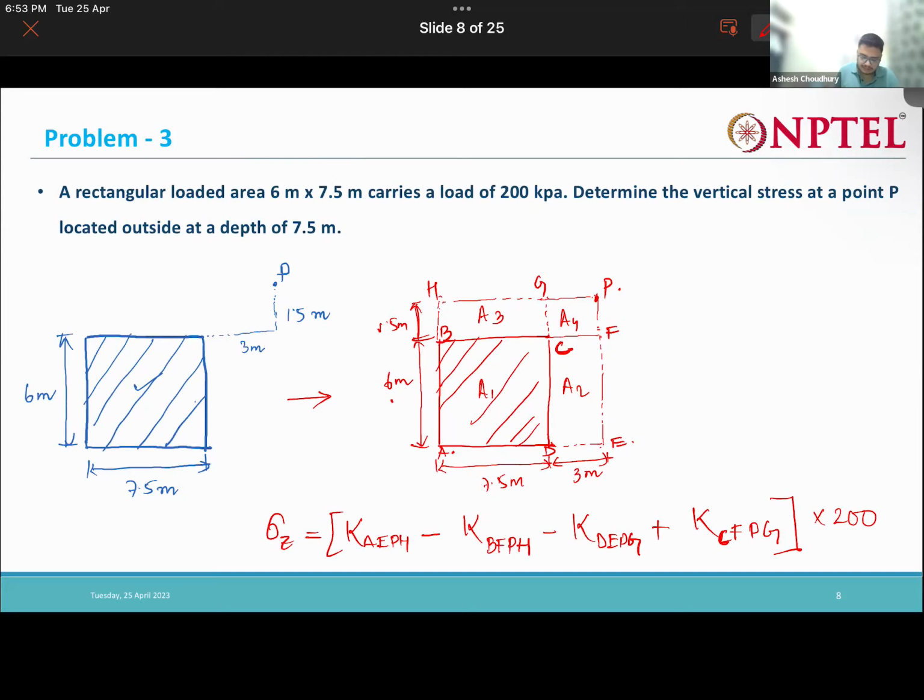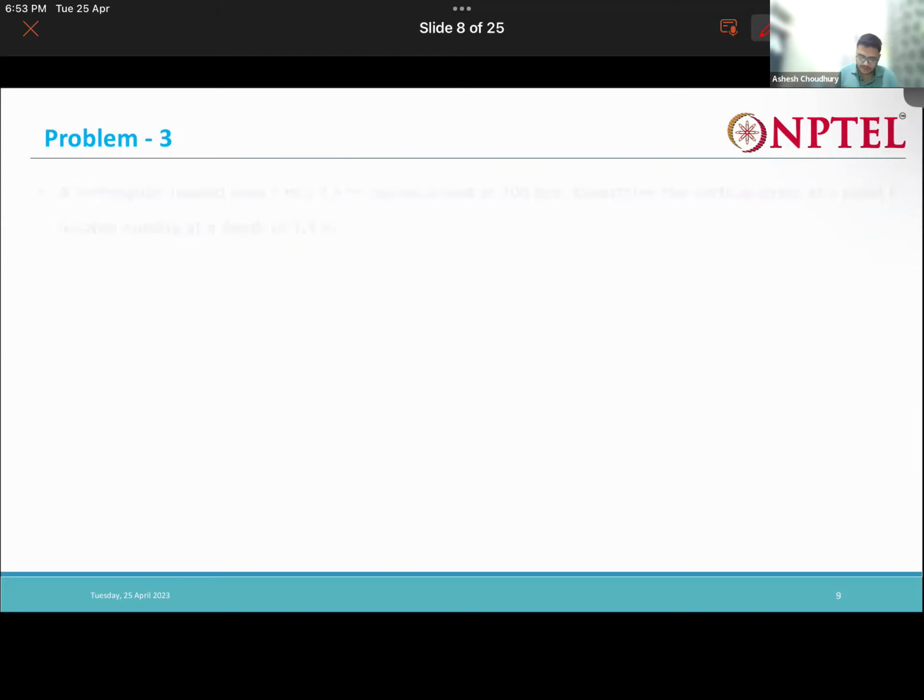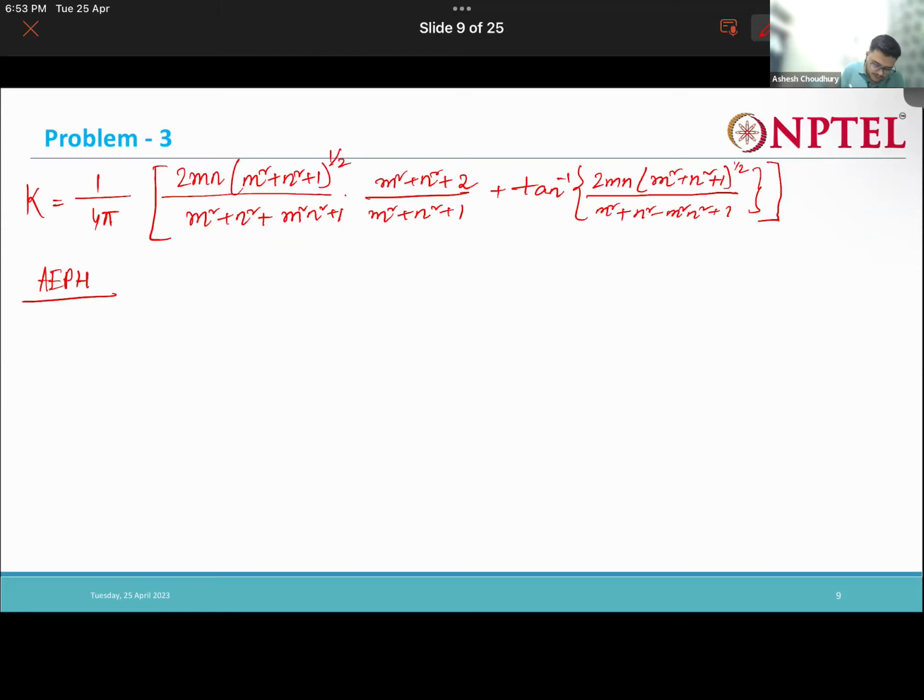So and your Z depth is given as 7.5 meters. So you can find out our M and N. M is nothing but L by Z. Nothing but 10.5 by 7.5. And N is B by Z.